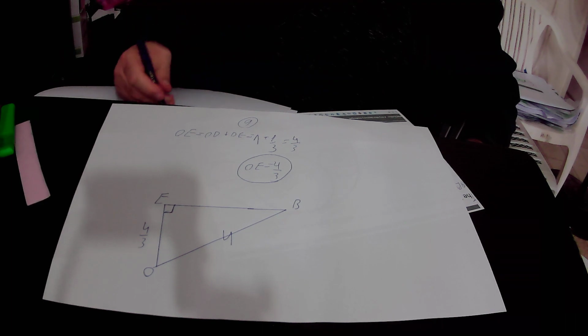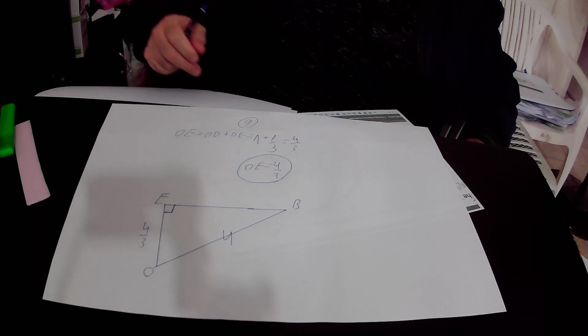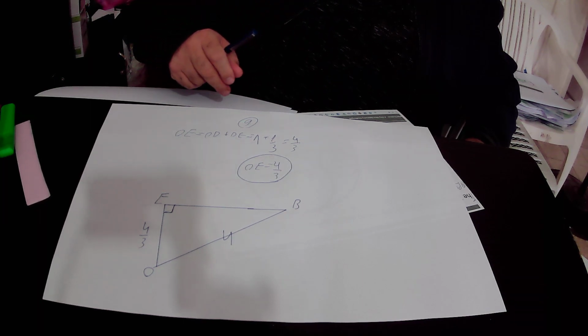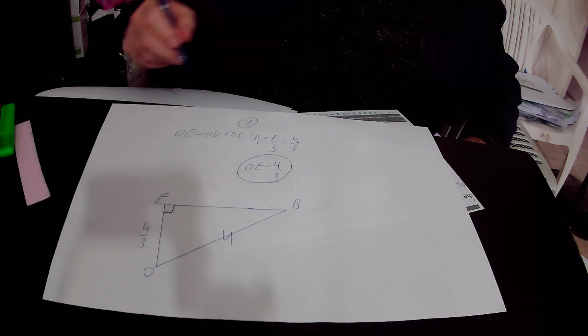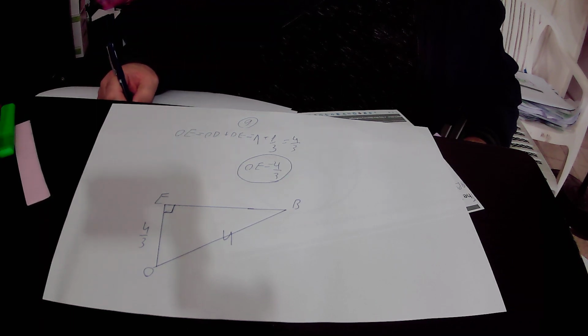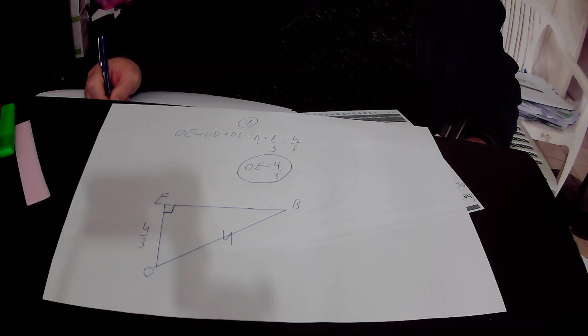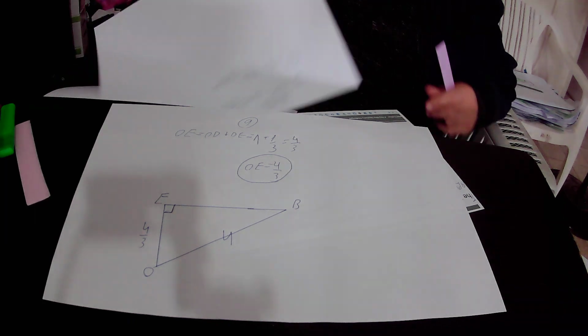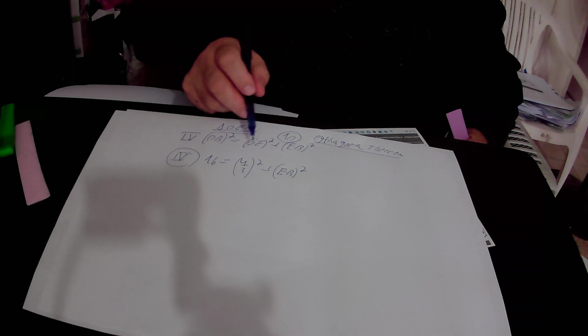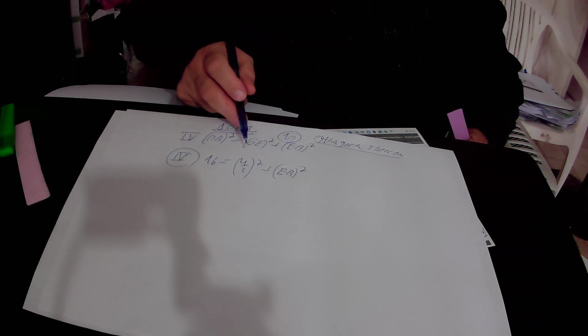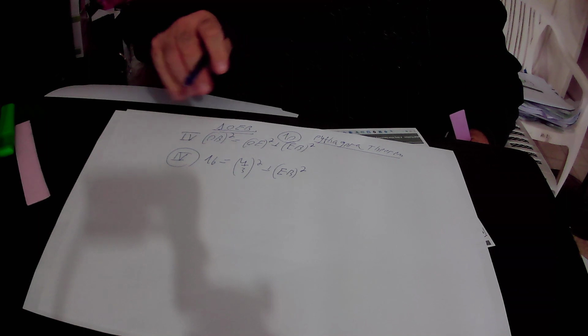So, OB equals 4 units, therefore OB square is 4 square, which is 16. OE is 4 over 3, so OE square will be 4 over 3 squared, plus EB squared. Okay? So we found that 16 equals 4 over 3 square plus EB square. 4 over 3 square is 16 over 9.